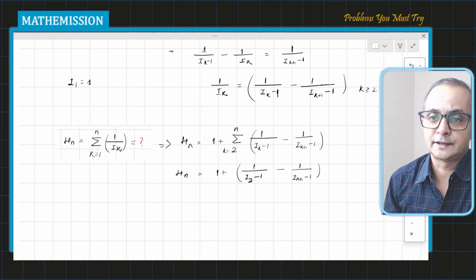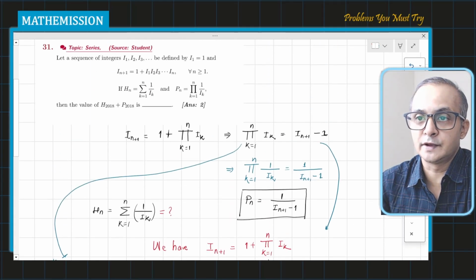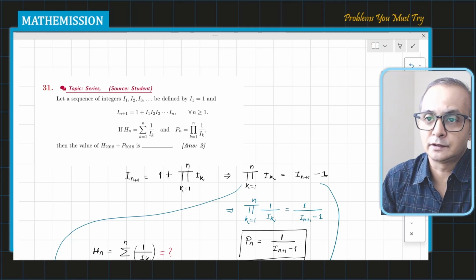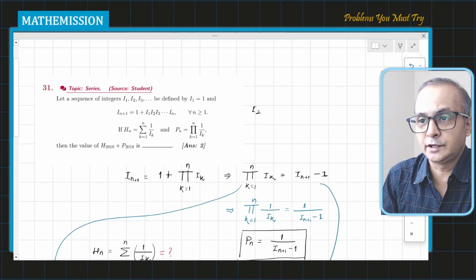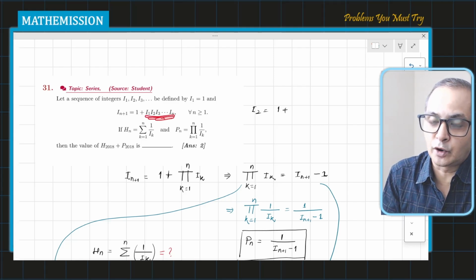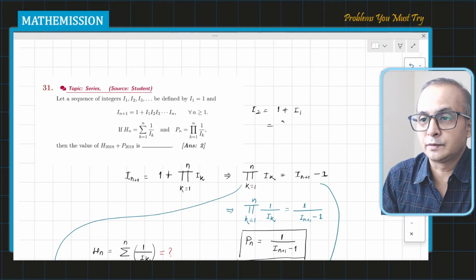Now notice that i_2 is missing there. So i_2 we can find from the very beginning, because it's given that it starts from n equal to 1, and if you take n equal to 1, this will become i_2 equal to 1 plus, and in this sequence of the product I will get only i_1. So this will become i_1, and i_1 is already 1, so that will become 2.